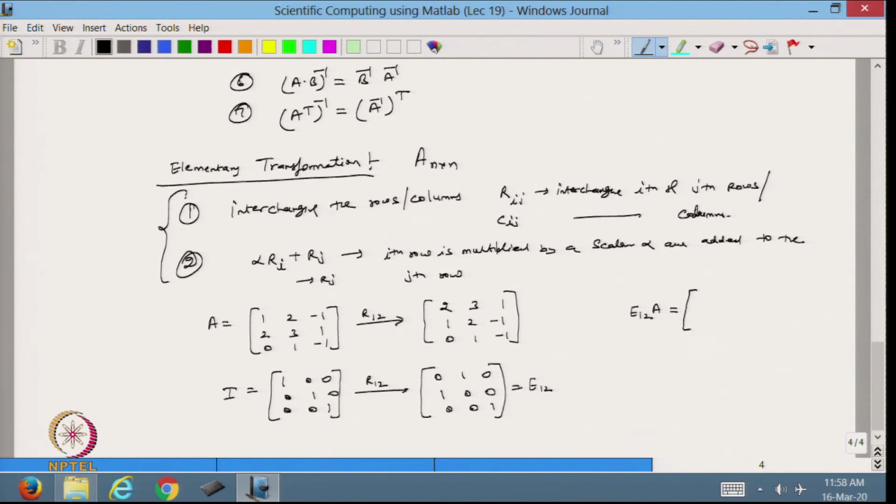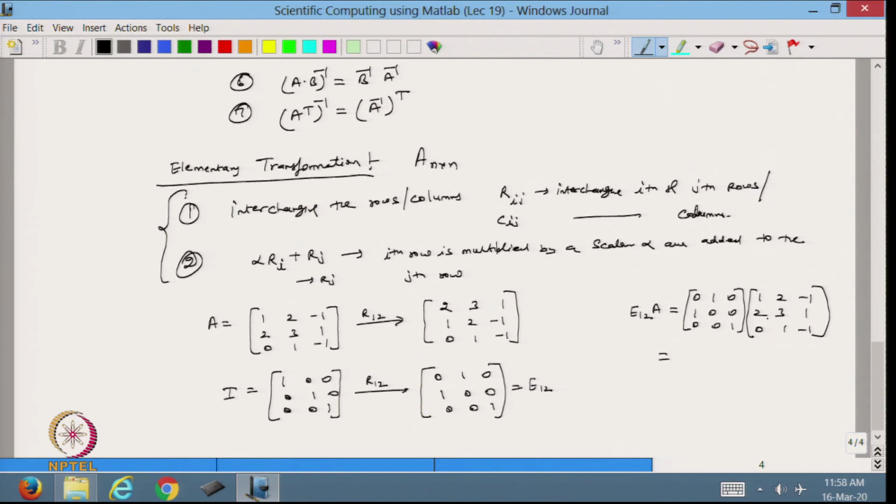Let us see what will happen. This is my 0 1 0, 1 0 0, 0 0 1, multiplied with the matrix 1 2 minus 1, 2 3 1, and 0 1 minus 1.